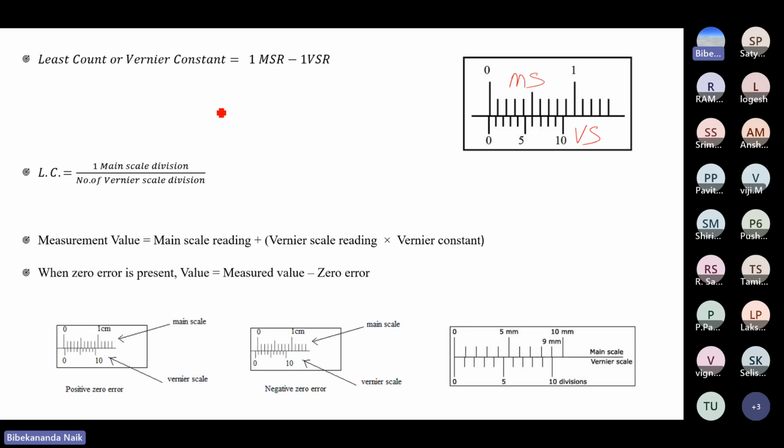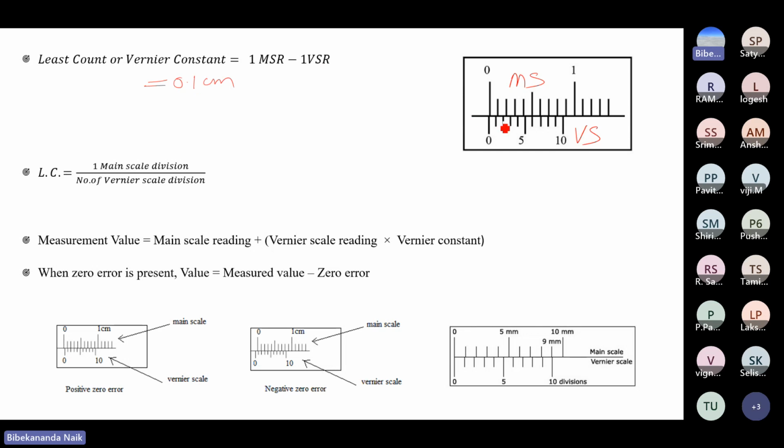So when we calculate it, the main scale reading is how much? As you see, in between 0 and 1 there are 10 marks. So the minimum measurable length by the main scale is 0.1 centimeter.